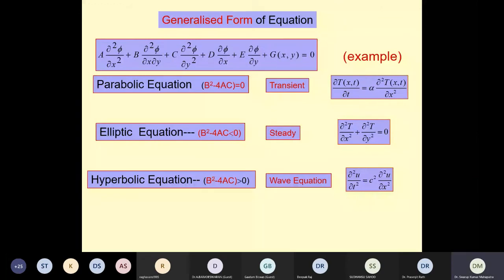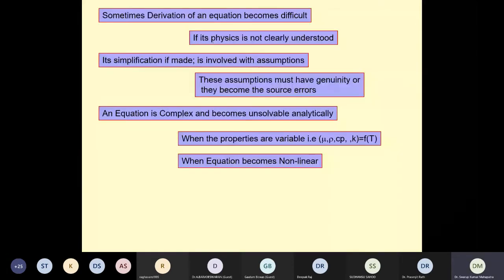Okay. What we need to understand here is that sometimes the derivation of this type of equation also becomes difficult because its physics is not clearly understood, and the simplifications and assumptions are sources of errors. For example, we have taken constant properties.